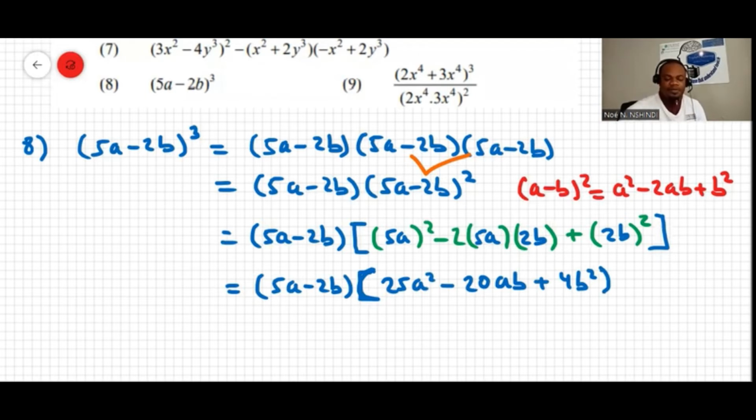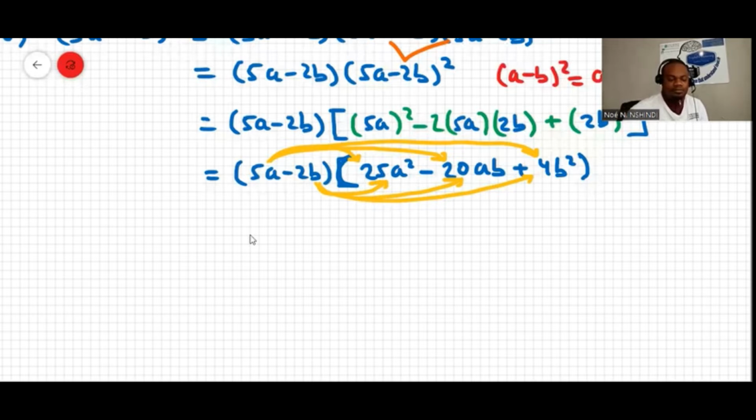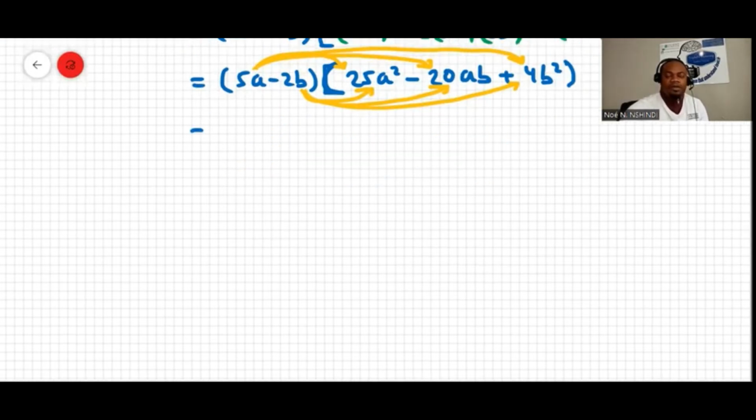Now we will multiply 5a times each of the terms here, and then negative 2b times each of the terms there. 5a times 25a squared makes 125a cubed. 5a times negative 20ab makes negative 100a squared b. 5a times 4b squared makes positive 20ab squared.